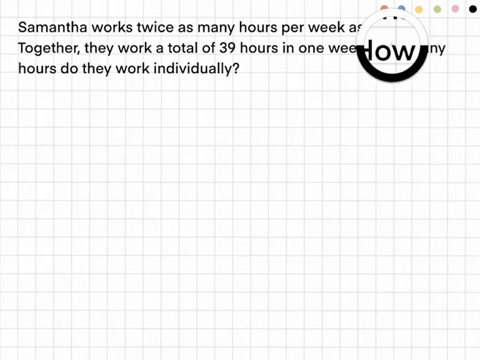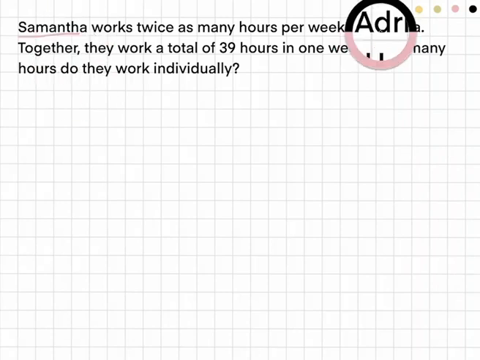Let me grab a different color here. Let's use the pink. So I've got Samantha and I've got Adriana. Okay, Samantha works twice as many hours per week as Adriana. Together, they work a total of 39 hours in 1 week. How many hours do they work individually?